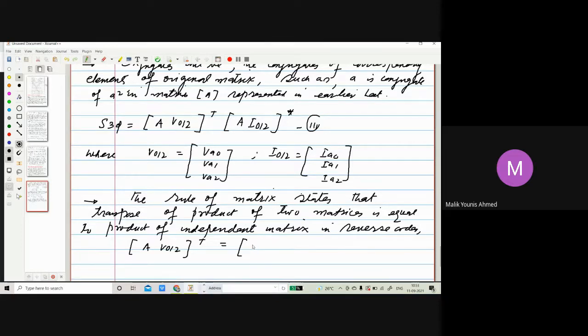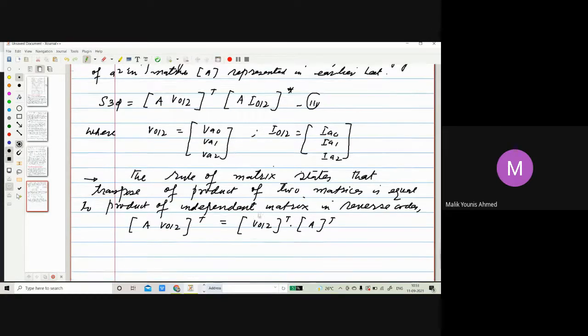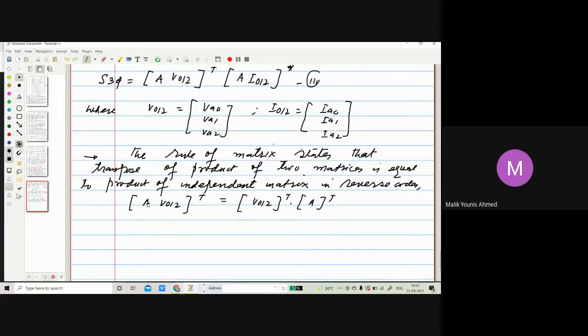So that will be V012 transpose multiplied by A transpose. So that is the product of the same matrices with a transpose, but in the reverse order. You have to remember this rule. If we multiply two matrices and have a transpose on top of that, it can also be written as the product of the same matrices with the transpose on top of each, but in the reverse order.